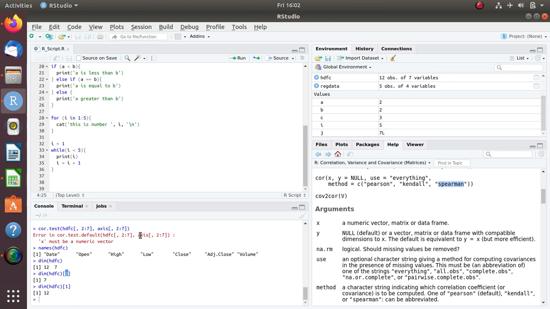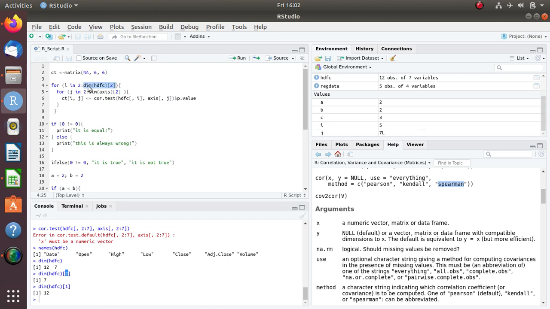You can just use 7 here, and 2 to 7 is okay, but if you have some n number of values, this is the perfect logic. Then inside, one more loop for Axis: for j in 2 to 7. Please be cautious: this is i, this is j.